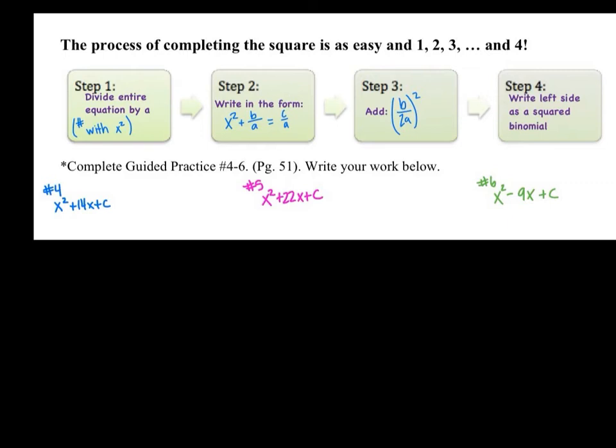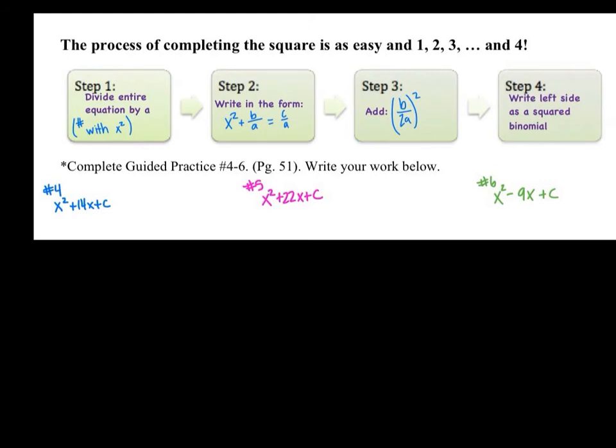And then step 3 is, once you get whatever that perfect term is, you add that to both sides. Because remember, it's an equation and it has to stay equal. And then the last step is writing the left side as a squared binomial.